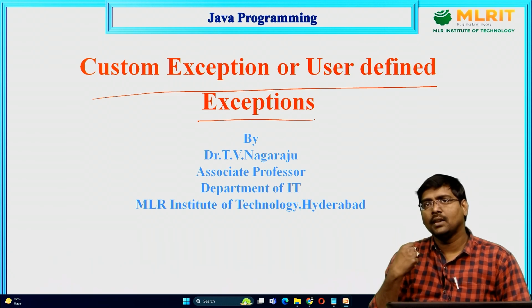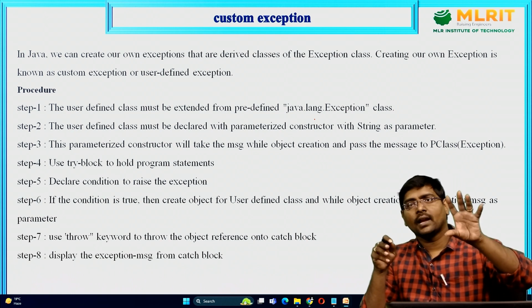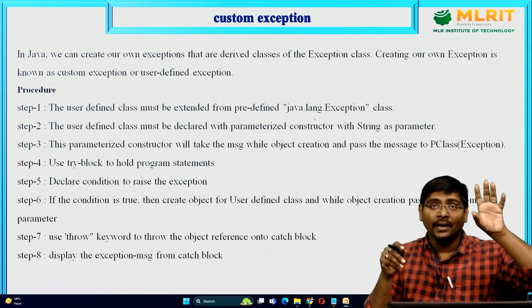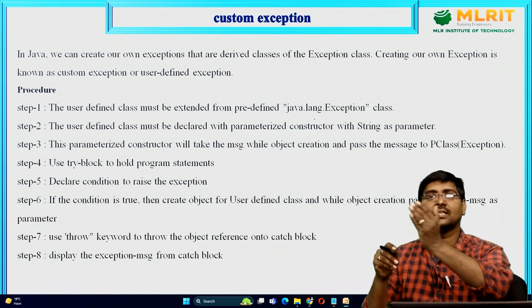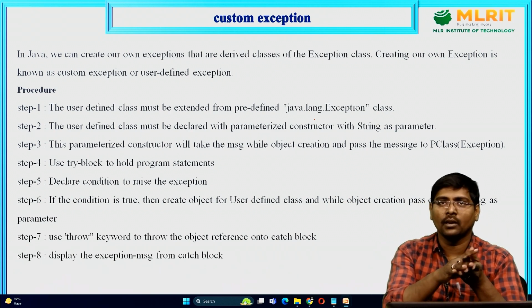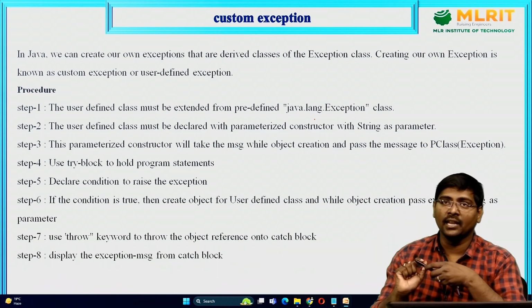What is the meaning of user defined exception? Suppose according to my program I want to set some condition. If anyone violates that condition, that is considered an exception. For example, according to the government, the age eligible for voting is 18 years.